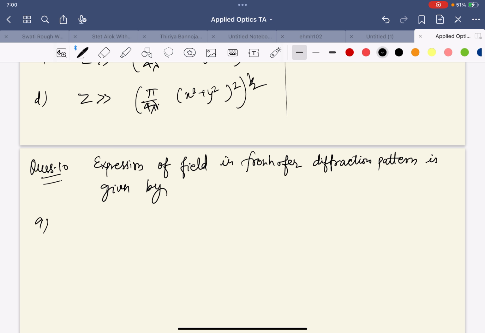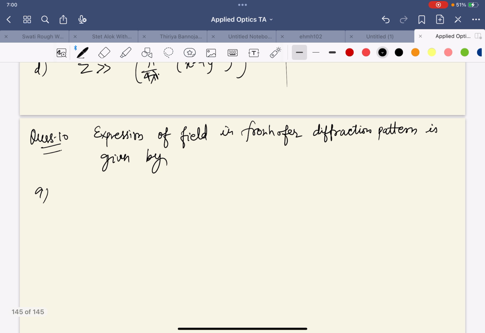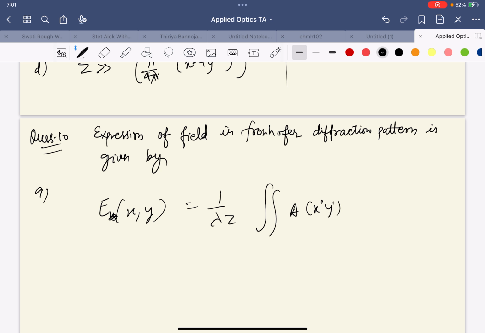The general expression for electric field in Fraunhofer diffraction is E(x,y) equals 1 by lambda z double integration of A(x',y') e to the power minus i 2 pi by lambda z (x x' plus y y') dx' dy'.